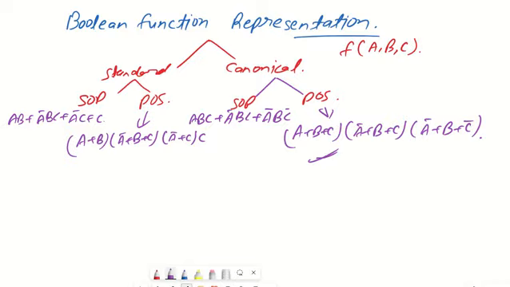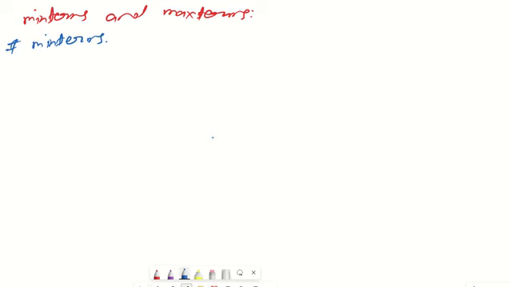Now our aim is to understand what is a minterm and a maxterm. Let us talk about minterms and maxterms so that you can have a proper understanding. We'll start with minterms. In a minterm, the variable will be treated as logic 1 and the variable bar will be treated as logic 0.